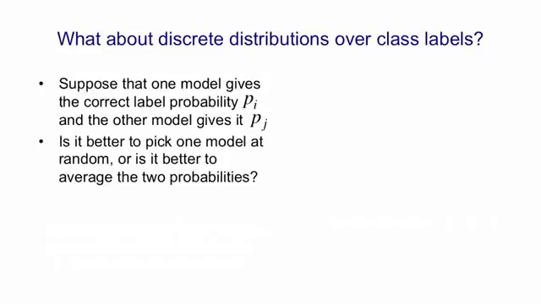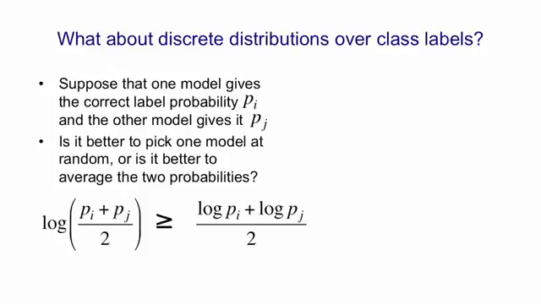Well, if our error measure is the log probability of getting the right answer, then the log of the average of pi and pj is going to be a better bet than the log of pi plus the log of pj averaged. That's most easily seen in a diagram because of the shape of the log function.